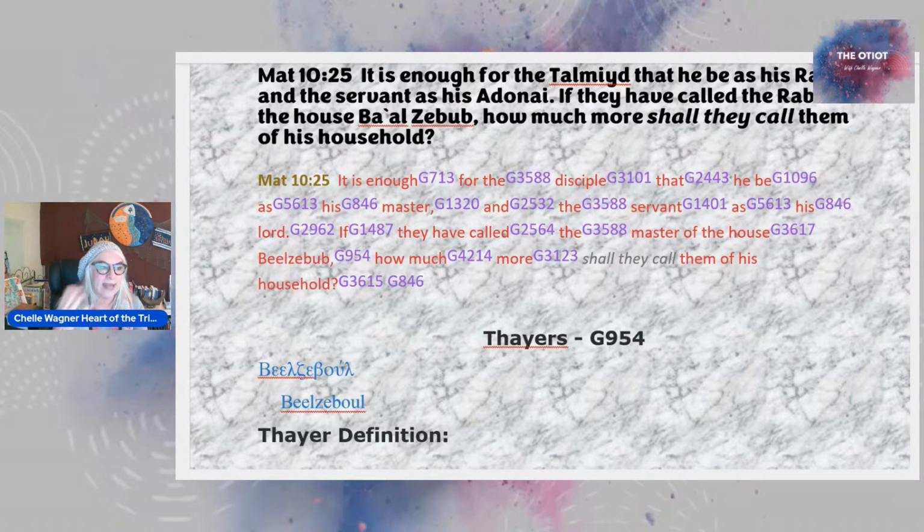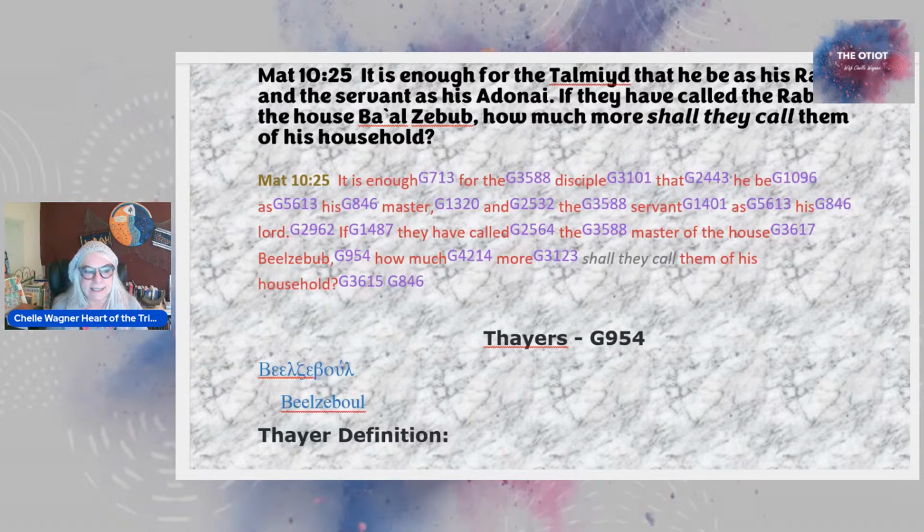It's all the names that Yah has, whether we're talking about him as our creator, Bara, all the different names that you see. What we're seeing is aspects of his character, aspects of how he operates. And we see the same thing when we're talking about the adversary.